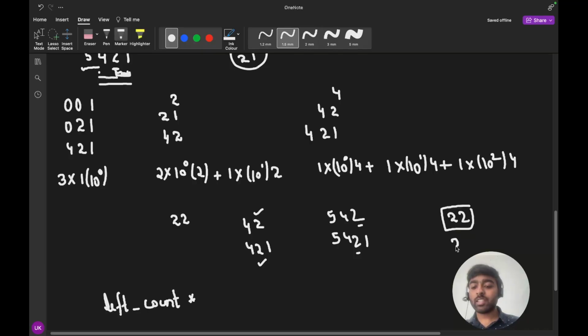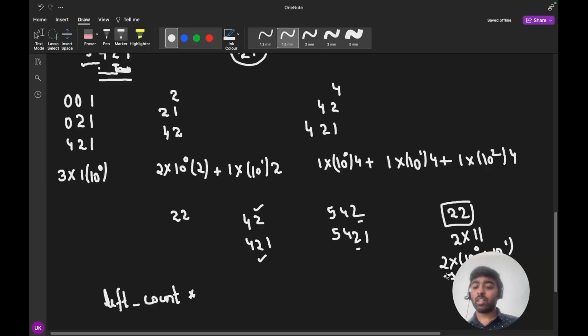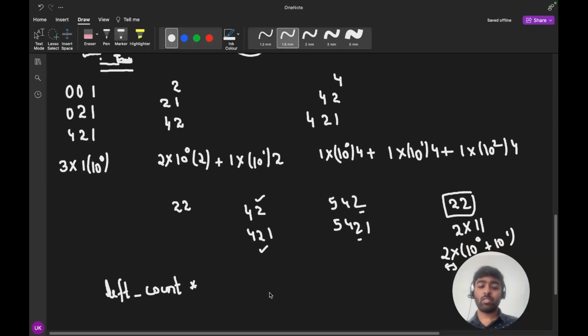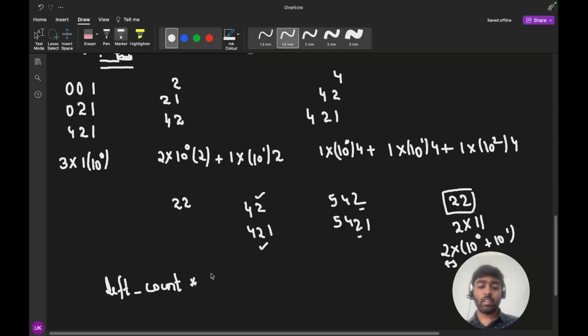Or we can simply write 2 into 1 1, or 2 into 10 to the power 0 plus 10 to the power 1. 2 was the number at that place. So here we will write the value at that index, and the next one is the value of 10 to the power 0 cumulative.